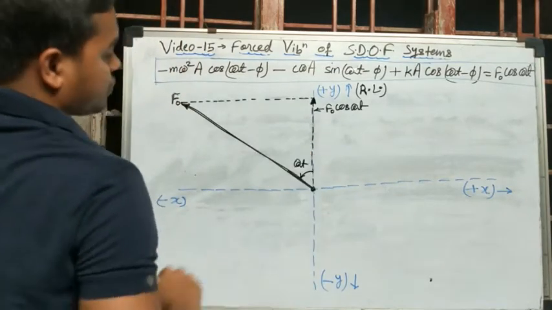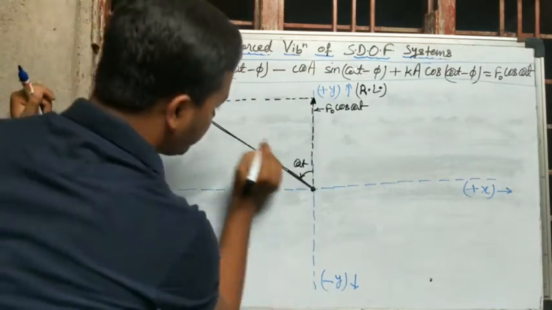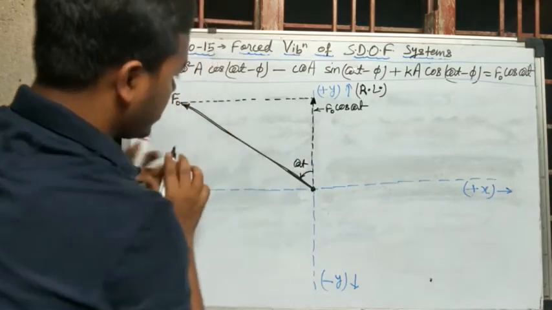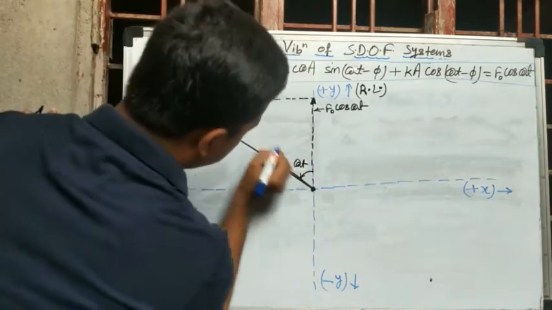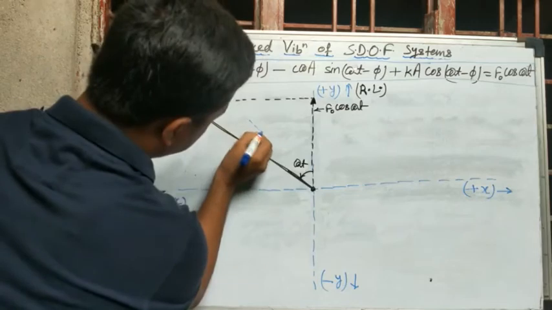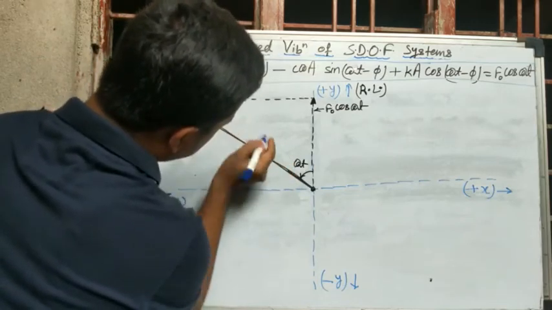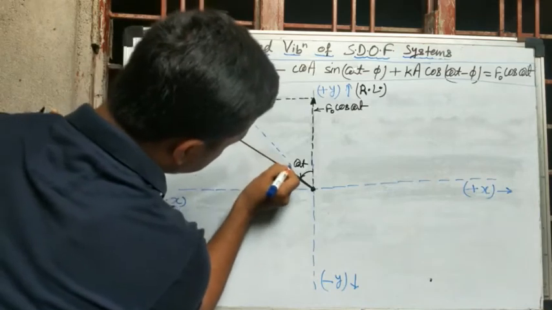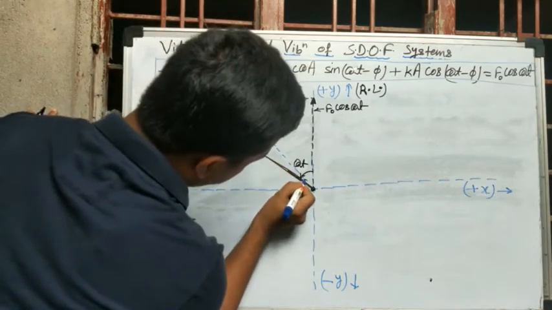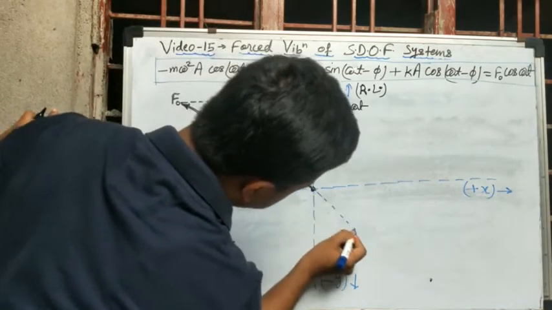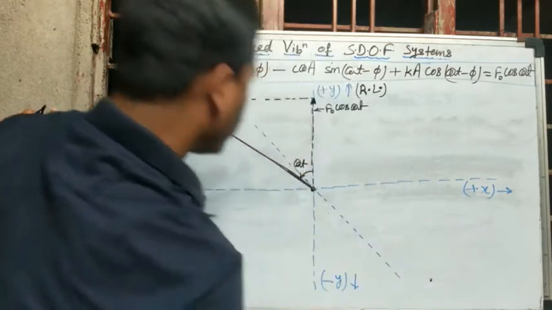Right. So for time being, you can assume a certain line like this. So I'll draw a straight line like this, right?